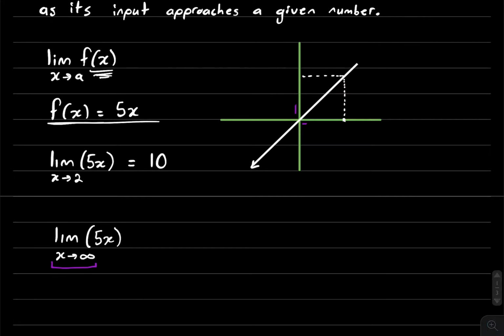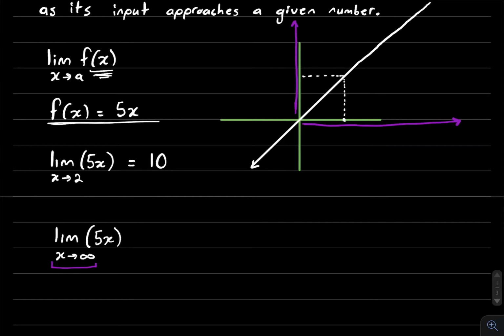Okay, so we can see that as x goes further and further out, approaching infinity, what will happen to f of x? This line keeps going up, right? Keeps going up and up. So what is f of x approaching, since that line is continuing to go up? F of x is also approaching infinity, because it's getting bigger and bigger.